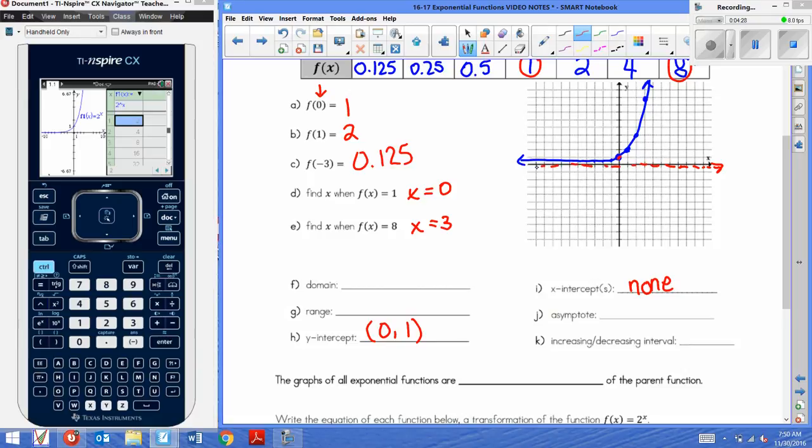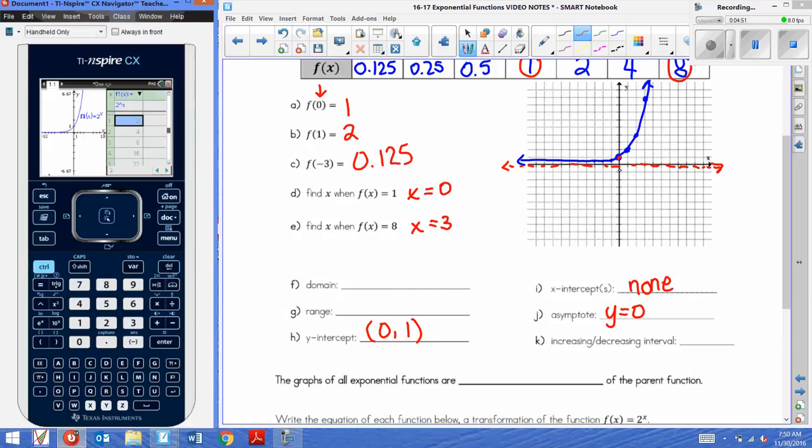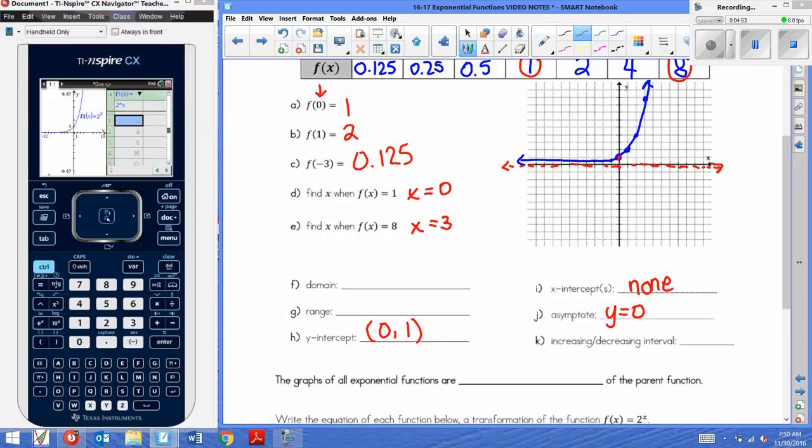And I'm going to draw it in as a dashed line because it's not something that actually exists, but it is something that is there kind of just bounding our function and saying you cannot go below the x-axis. And the equation of the x-axis, believe it or not, is when y is equal to 0, because I'm not going up and I'm not going down, I'm staying right here.